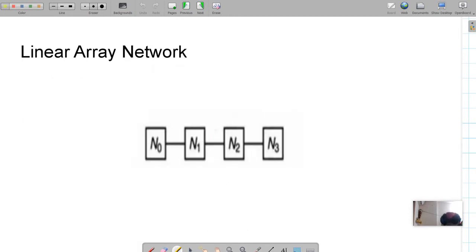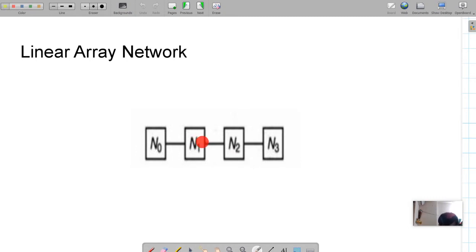Then look into this linear array network. In linear array network, what happens? You can see that most of the nodes have degree 2. Why?